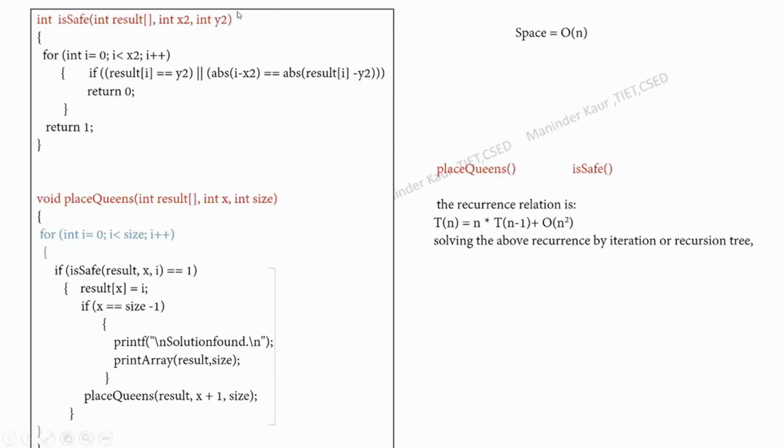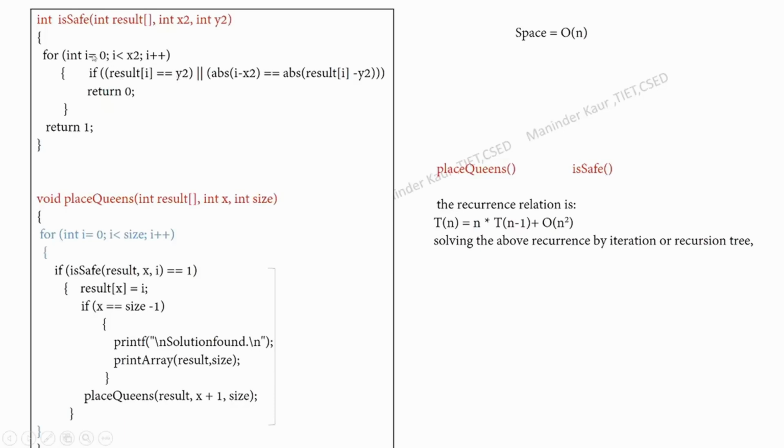The conflict arises only for the column, that means two queens don't share the same column. As we are placing the queens in different subsequent rows, there is no check for the row section, only the column section is being checked.